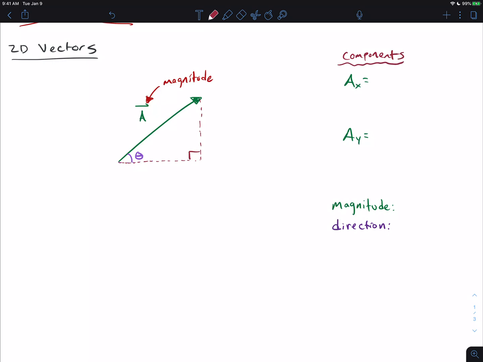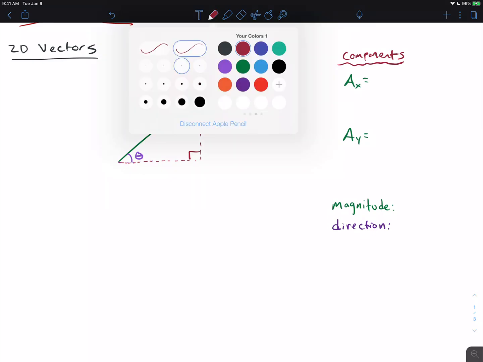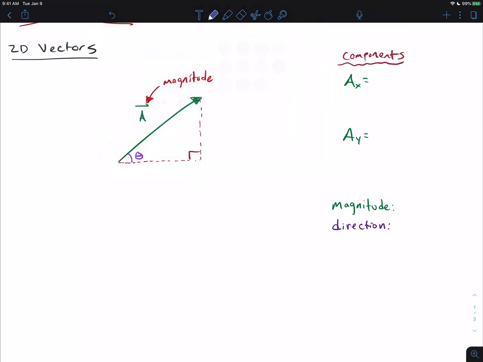Okay, so an important thing here is that now I've made a way for us to easily work with this vector. We'll see how this makes things so much easier for us when we do two-dimensional motion. But for now, I want you guys to really practice being able to deconstruct a vector into components, and identify what these are. So in our case here, we have two components that we're going to be working with.